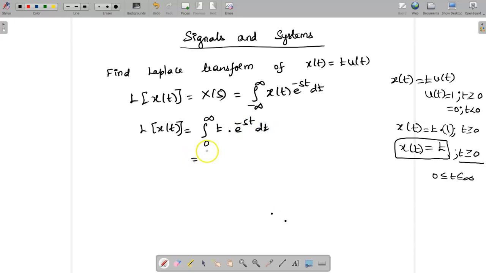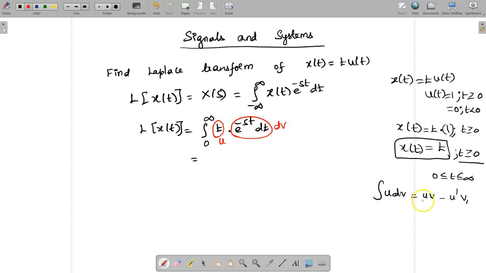While integrating, we have to use the u dv formula. So integral u dv formula is uv minus u dash v1. So here in this problem, this value, that is t, is nothing but u, and this value is nothing but dv.